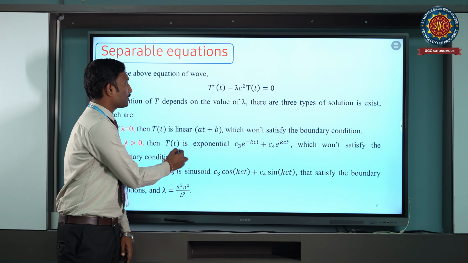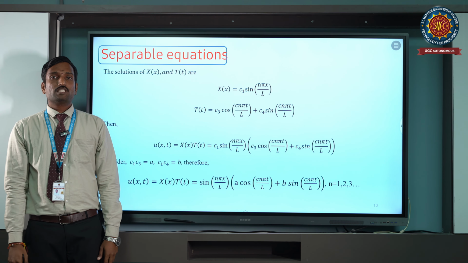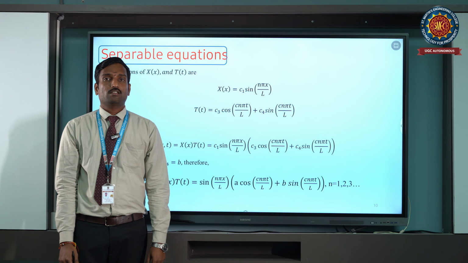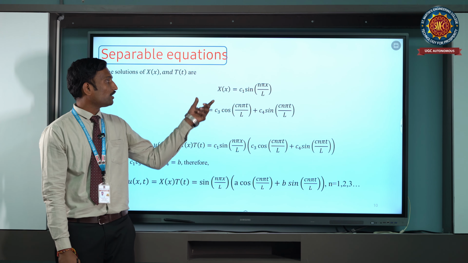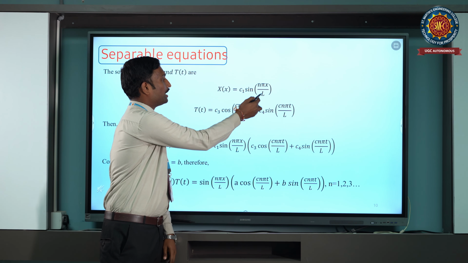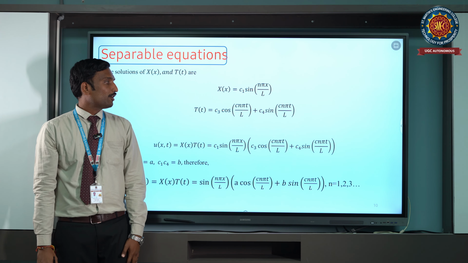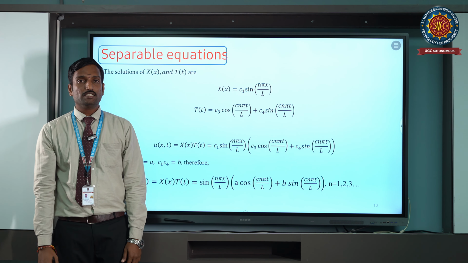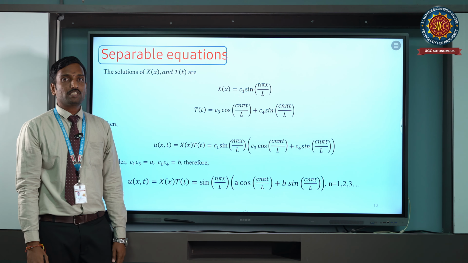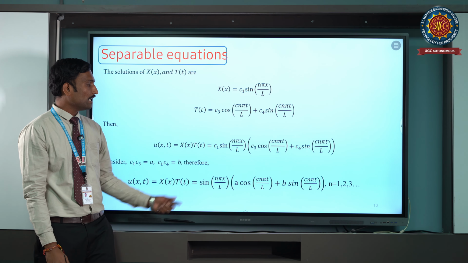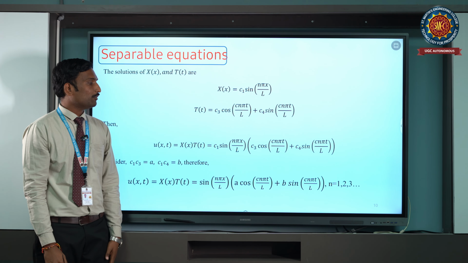The common solutions of X(x) and T(t), after substituting the boundary conditions, are X(x) equals c1 sin n pi x by L and T(t) equals c3 cos cn pi t by L plus c4 sin cn pi t by L. The combined solution of these two is given as u(x,t), which is X(x) times T(t).